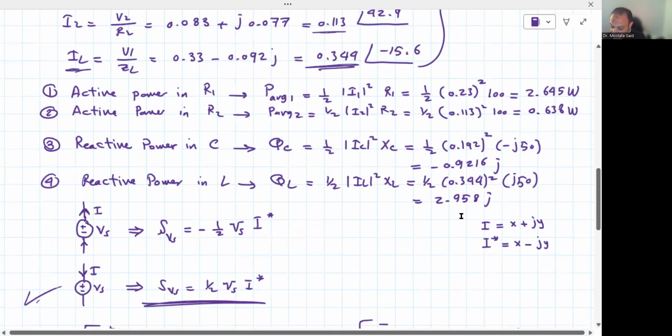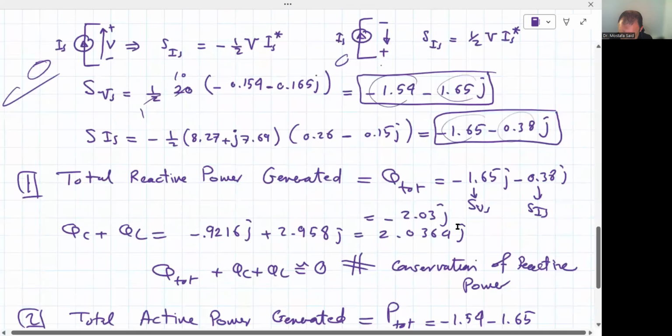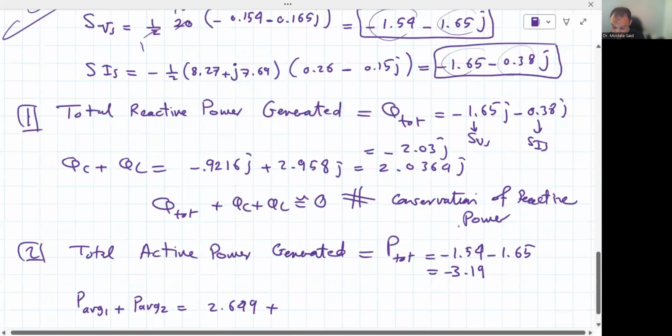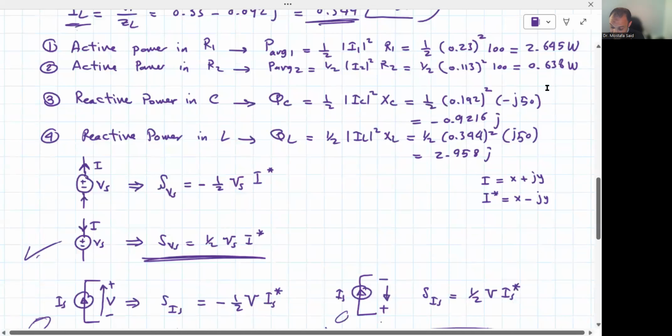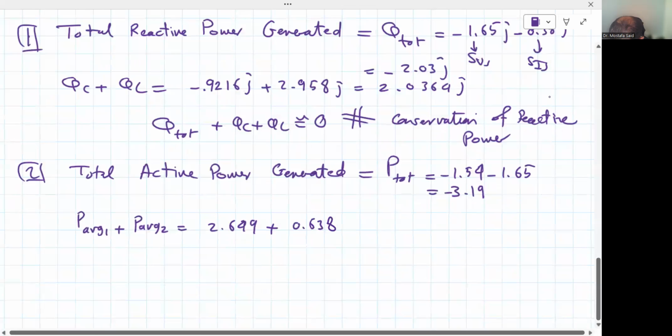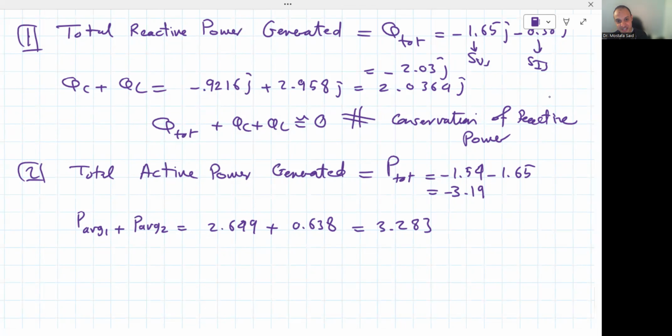So it's 2.649 plus 0.638. If you add these together, it's 3.283. You will never get this exactly the same, but it's very close, as you see, 3.19 and 3.228. It's a 0.1 difference.